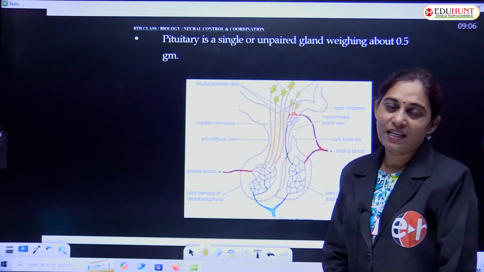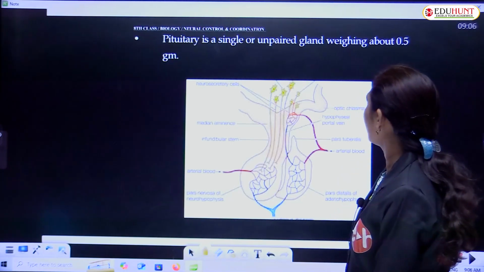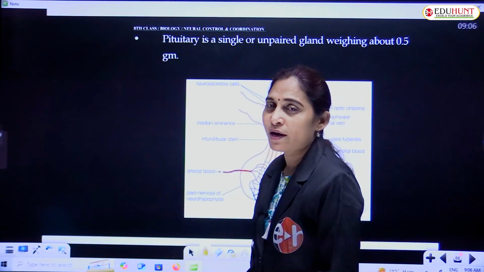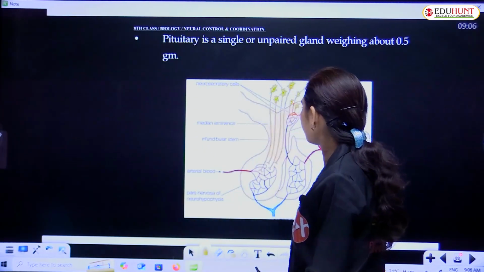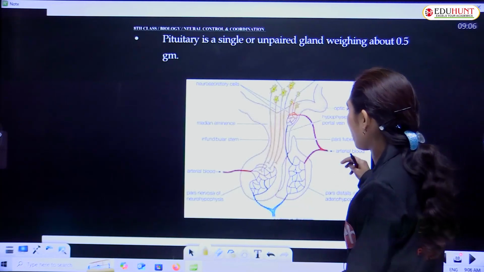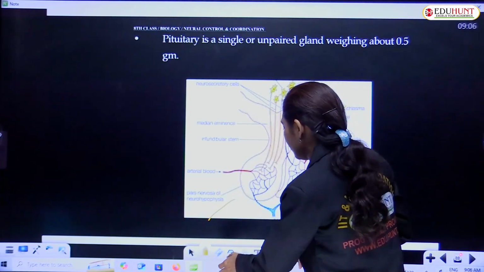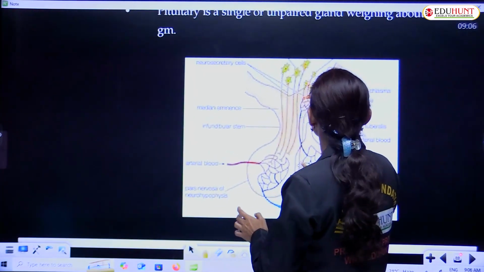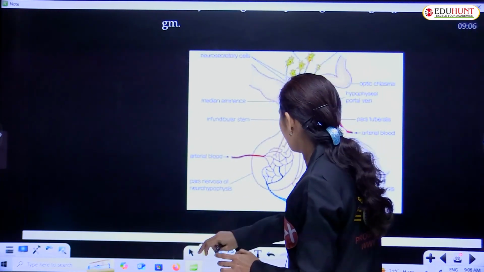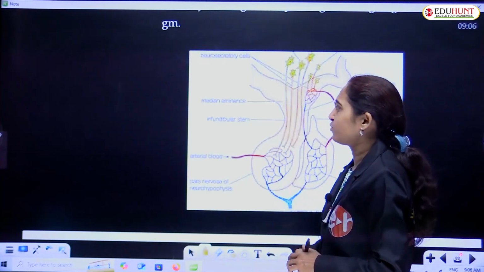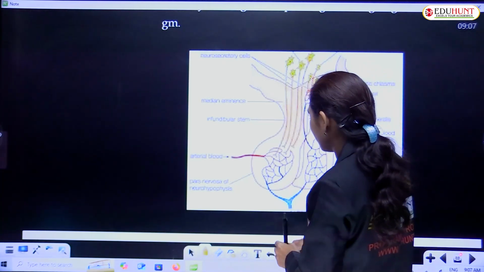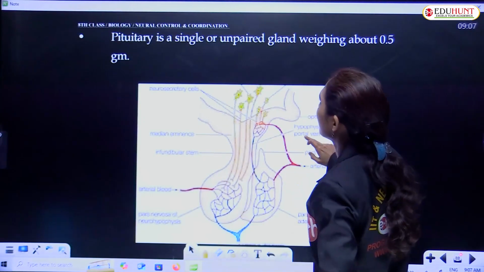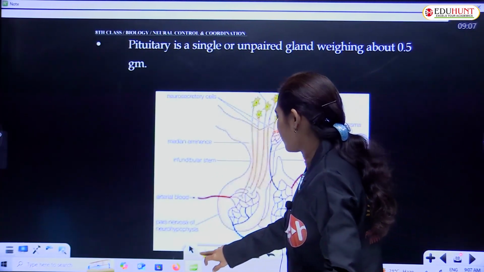The pituitary gland is single, and the approximate weight of the gland is 0.5 grams. This is the structure of the pituitary gland. I think the picture is not clear. Anyway, this is the pituitary gland, which is a single one.